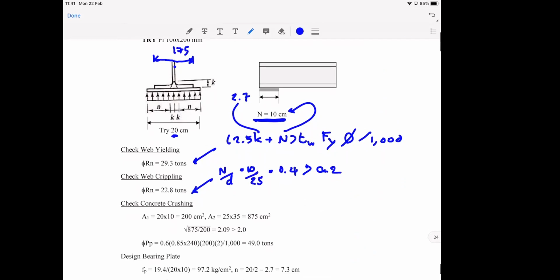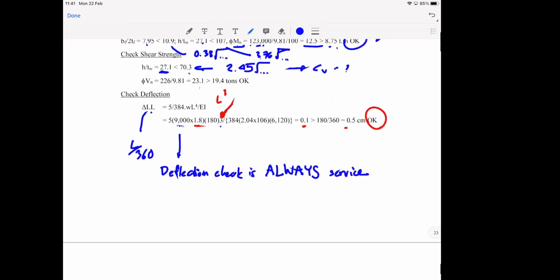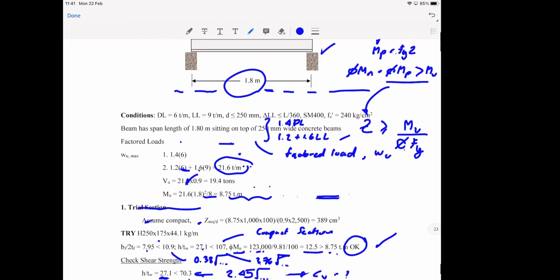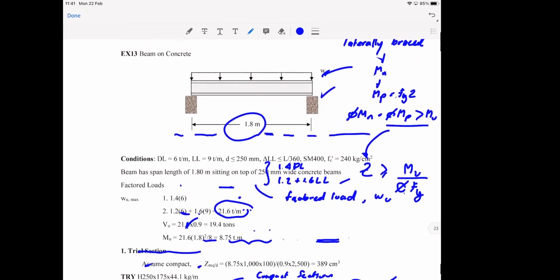So my plate size is 200 by 100 millimeter, and the area A1 is 20 by 10, so it is 200 square centimeter.